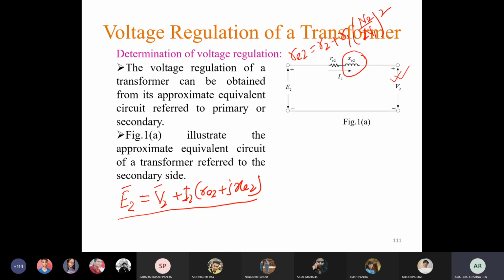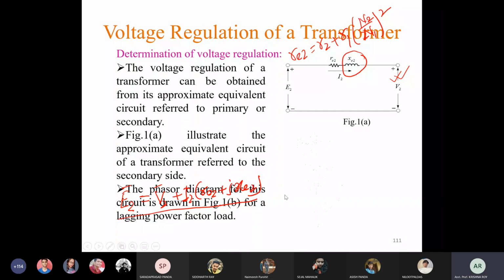Then draw I2 RE2 from the tip of V2, in parallel with I2. Then draw jI2 XE2 in quadrature with I2 or I2 RE2. Then join the starting point of V2 and the end point of jI2 XE2, and you will get E2.